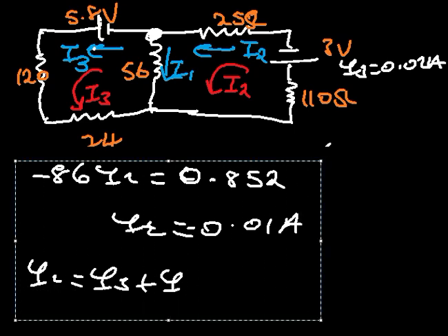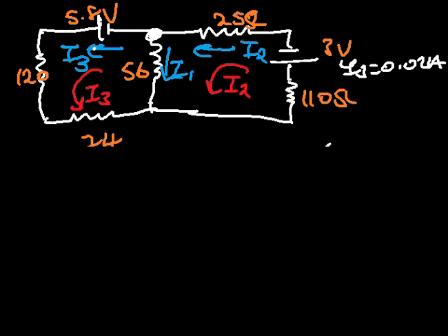So sometimes you can also, let's say, be asked to find the current across the 120 ohm resistor, given that the current across the 56 ohm resistor has been given. But I haven't used 86 somewhere, and I don't know where that 86 came from.